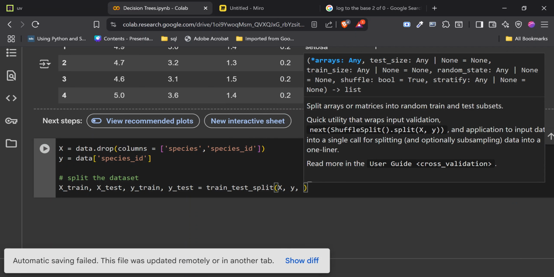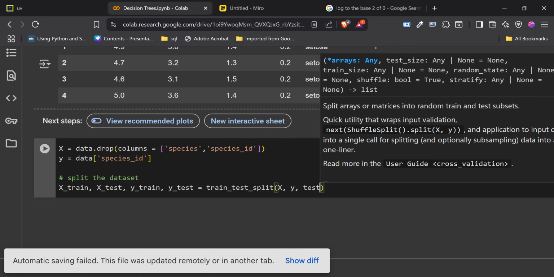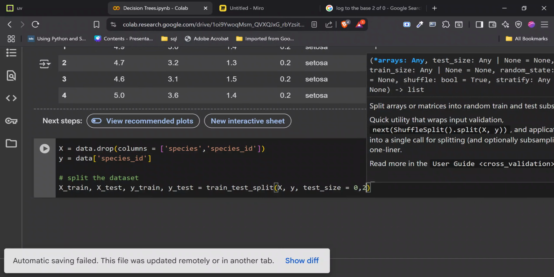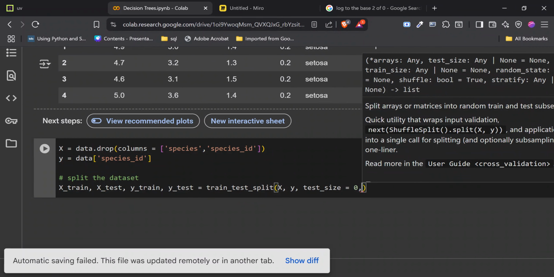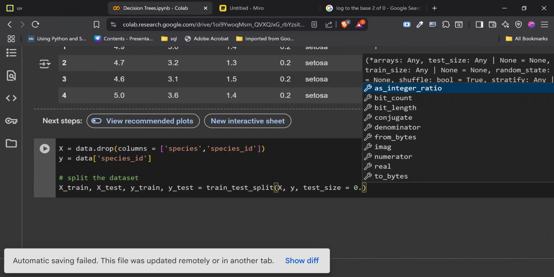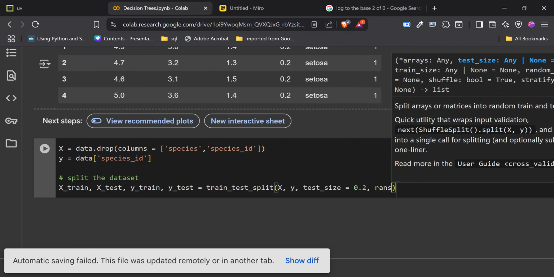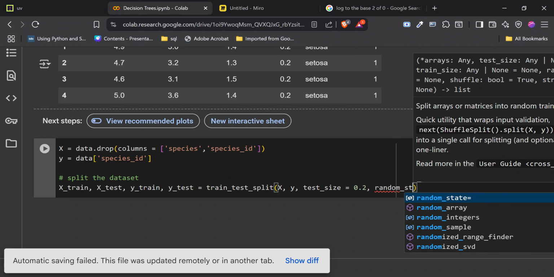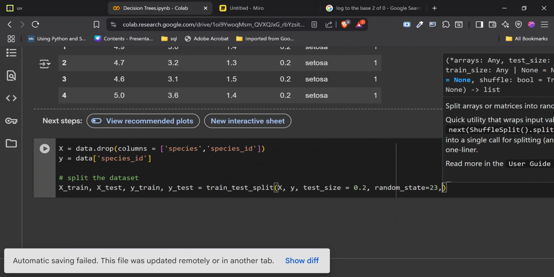Then test size, that is going to be 0.2, random state is going to be 23.